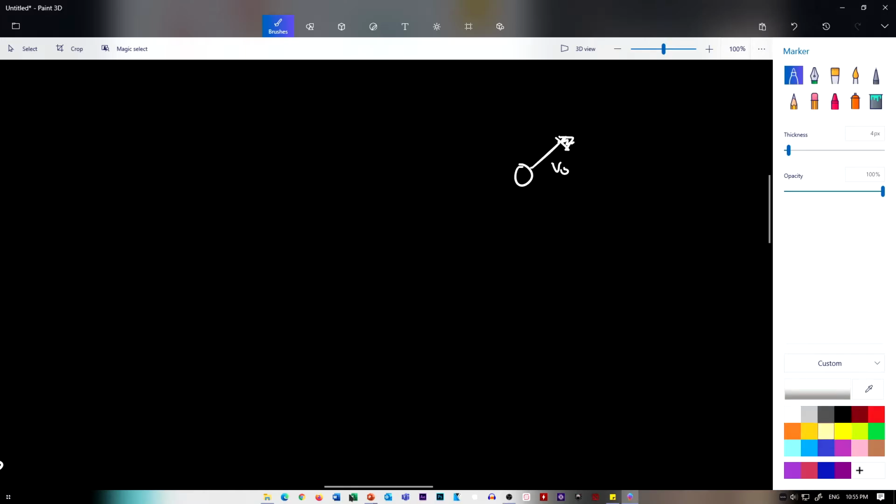So I'm going to use this for our vertical, then this one for our horizontal. So our vertical would be V sub y sub 0, right? Then for this one, this will be V sub x sub 0. That's it. Then we have an angle, which is of course 40 degrees. You got the idea.